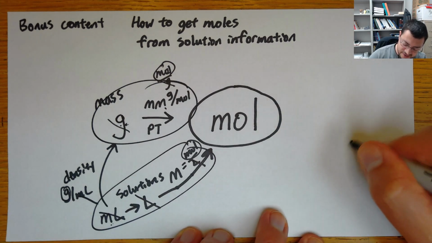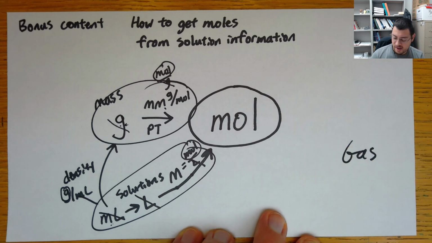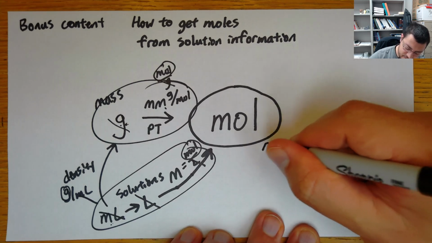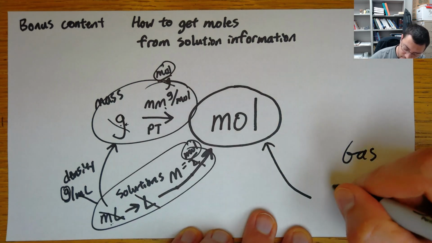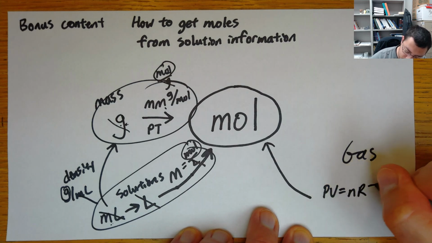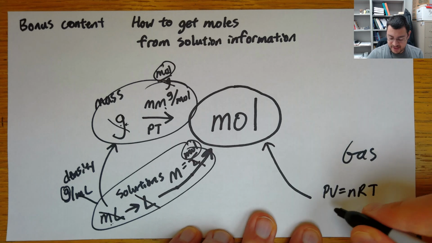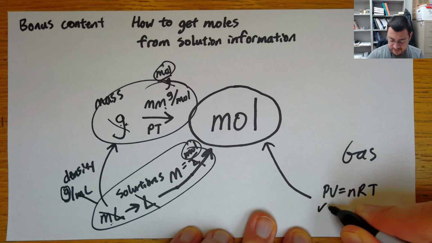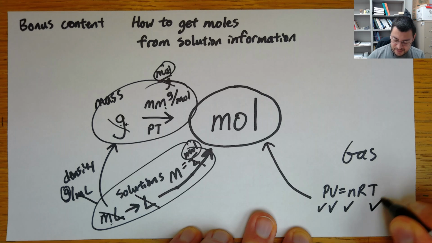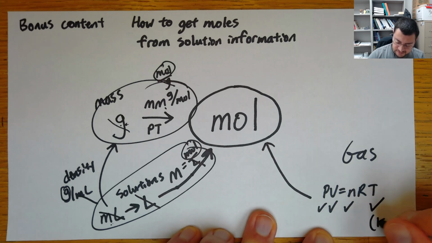What if you have a gas? Okay. I haven't made a gas video yet at the time of this filming, but just to preview that in case you've studied a little bit about gases already, there's the so-called ideal gas law. PV equals nRT. P stands for pressure, V stands for volume, n stands for moles, T stands for temperature in kelvins.